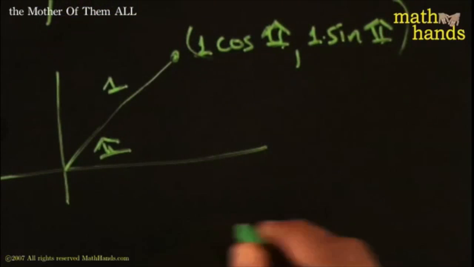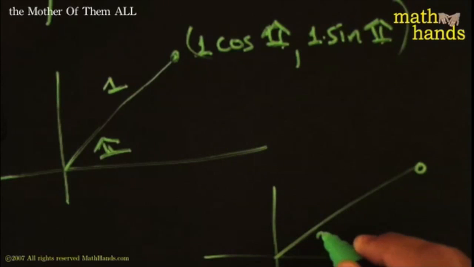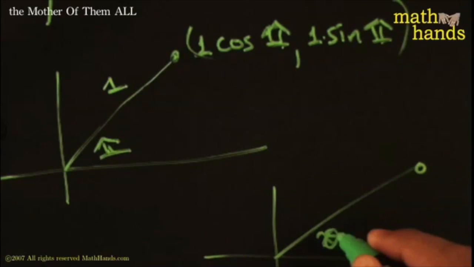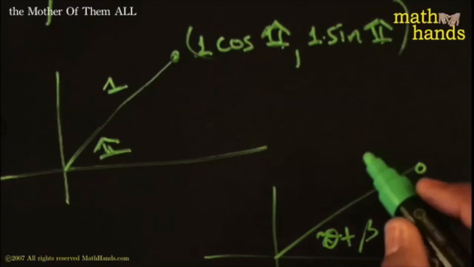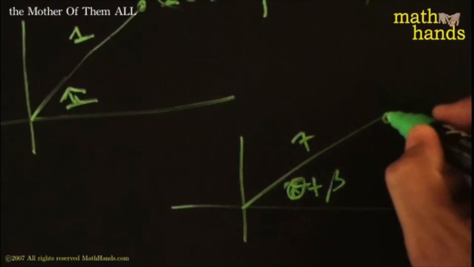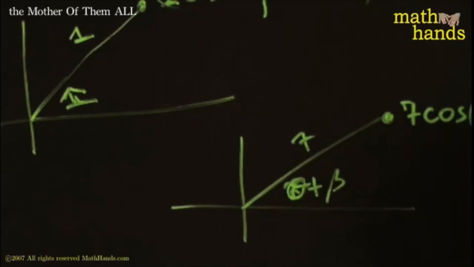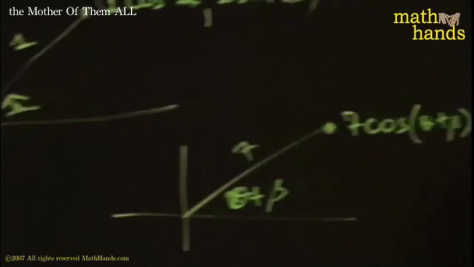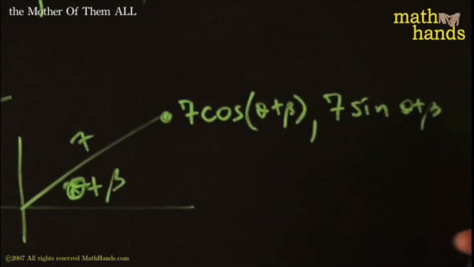Suppose that this one was theta plus beta. Okay. And this one was 7. If this angle was theta plus beta, the coordinates here would be 7 times cosine of theta plus beta, comma 7 sine of theta plus beta.